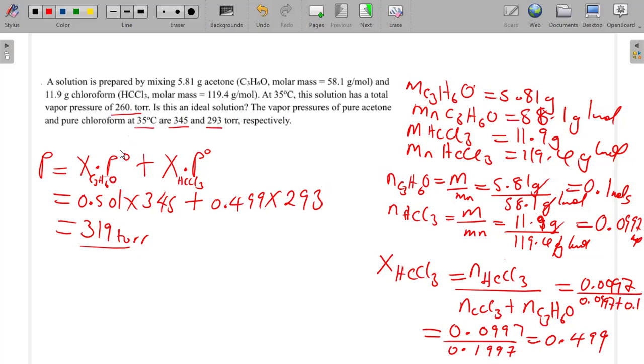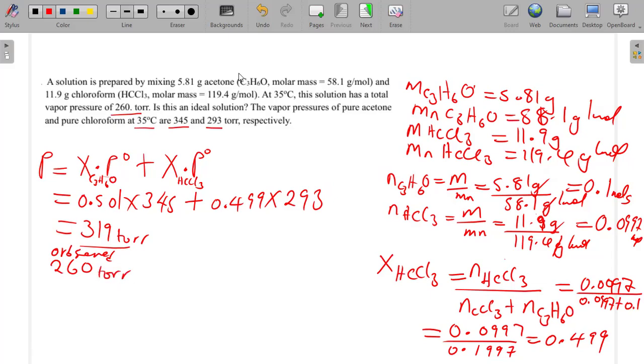If we apply Raoult's law, it means that we are getting a negative deviation. The observed vapor pressure that we get from the mixture is 260.